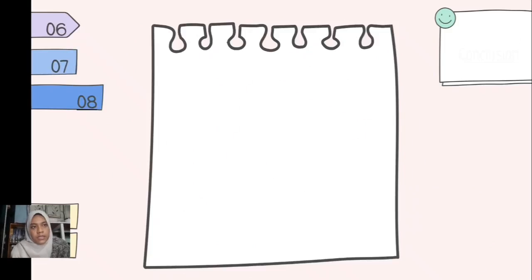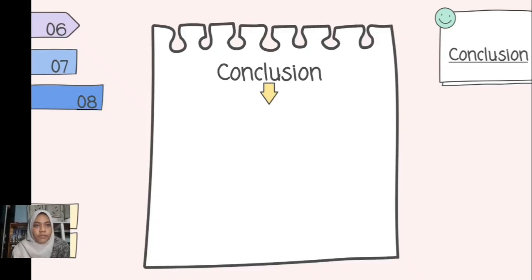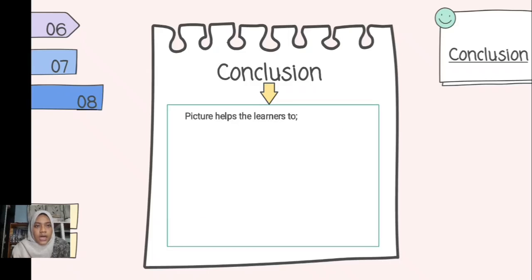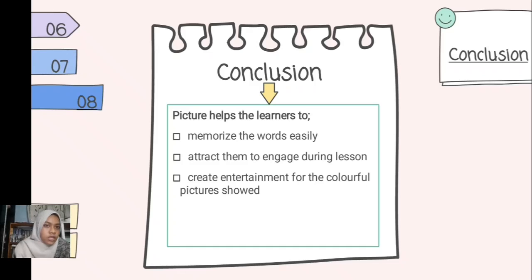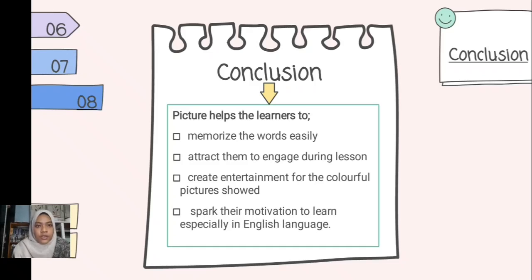Okay, so last but not least, from this study, I can conclude that pictures help the learners to memorize the words easily, attract them to engage during lessons, create entertainment through the colorful pictures shown and used, and also spark their motivation to learn, especially in the English language.